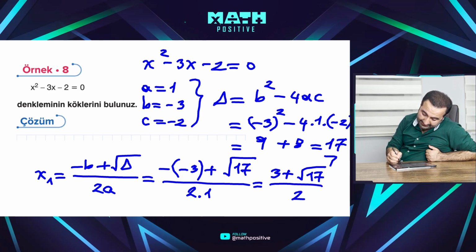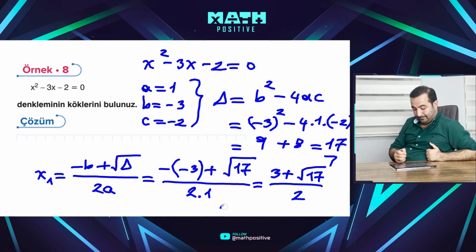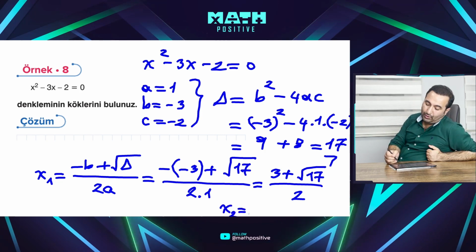So 3 plus square root of 17 over 2 is our first root.